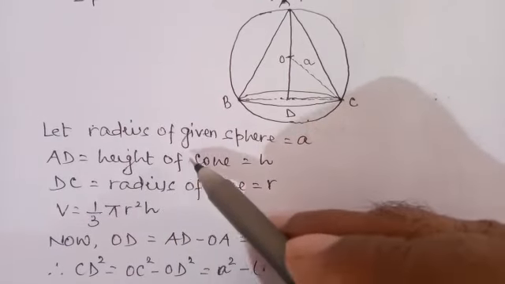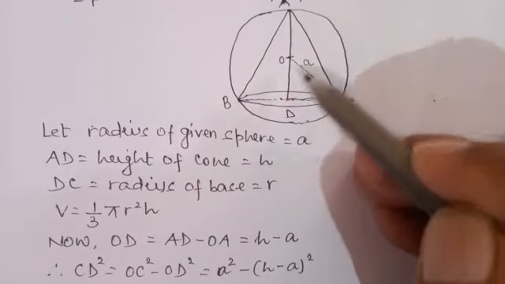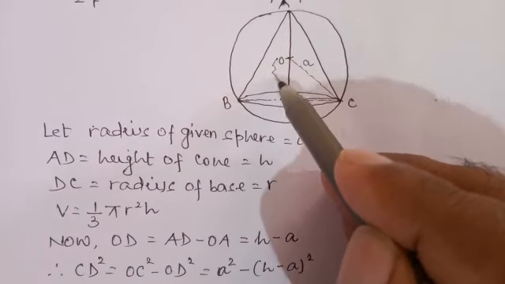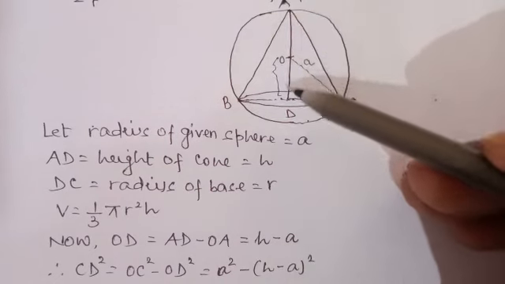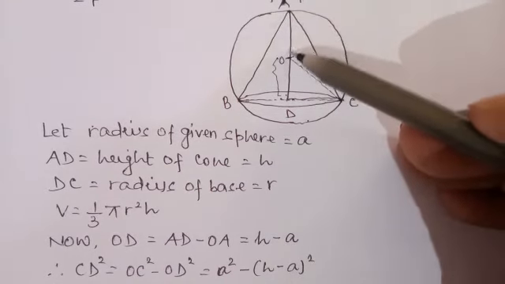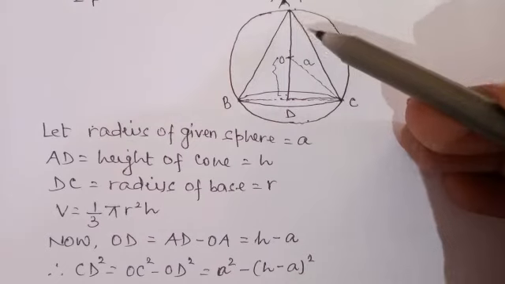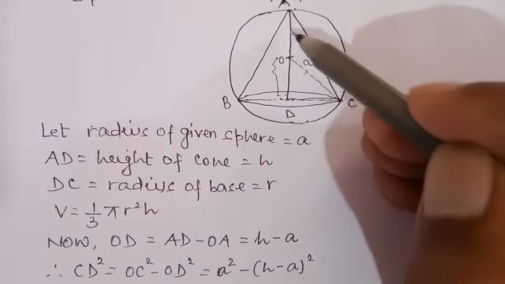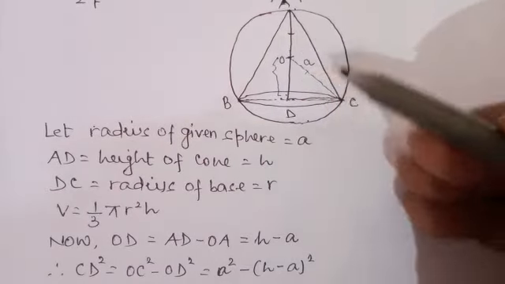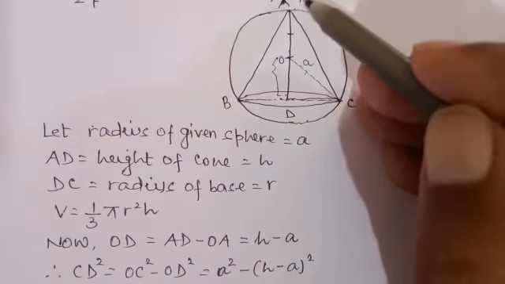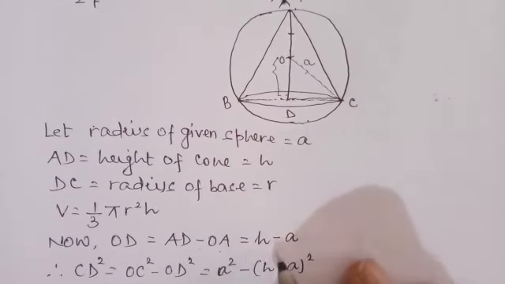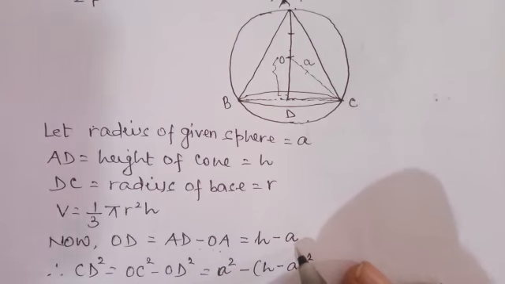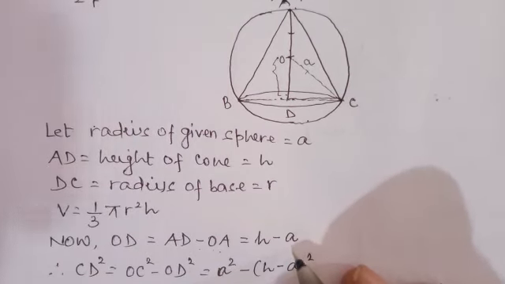Now from the figure, calculate the value of OD. OD should be written as AD minus OA or AO. Obviously OC is radius, OA is also radius, so if it is A then this value is also A. So OD is equal to AD minus OA, that is H minus A. Apply the Pythagoras theorem.